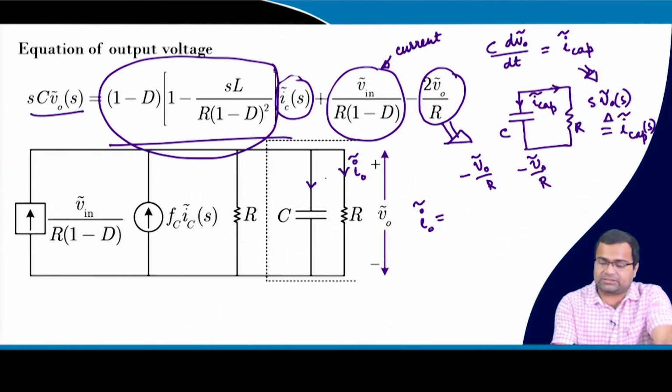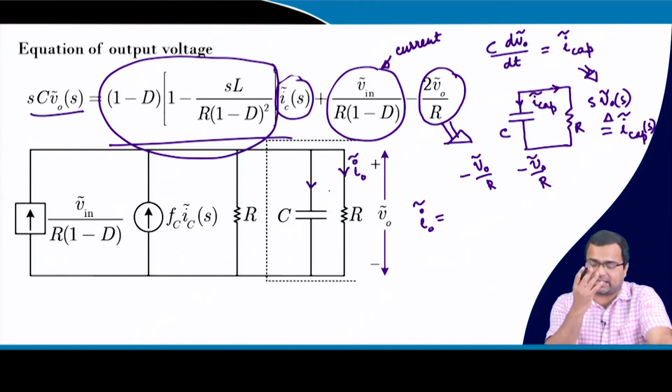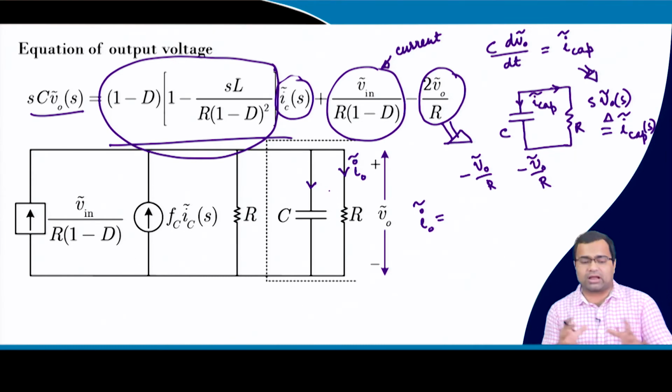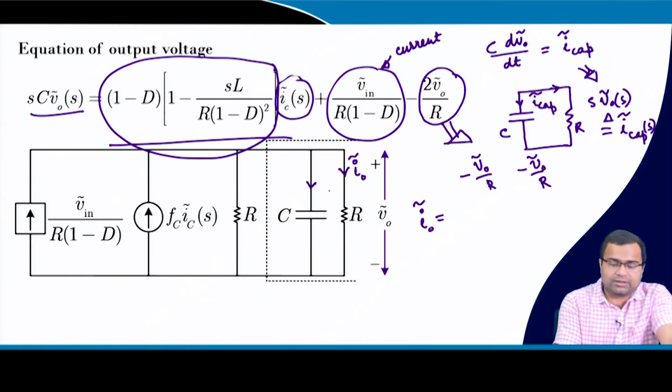In the capacitor node, if we apply KCL, the sum of all currents should be 0. So, this represents a positive current, and it is added with the capacitor current, this is my I_cap.